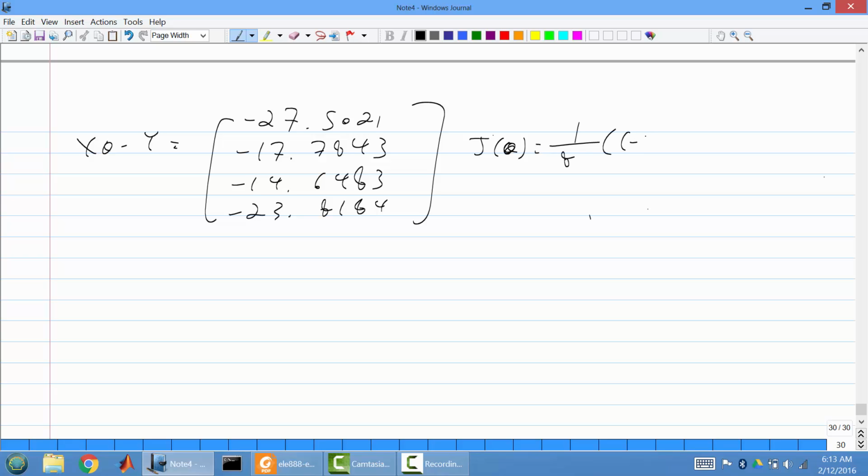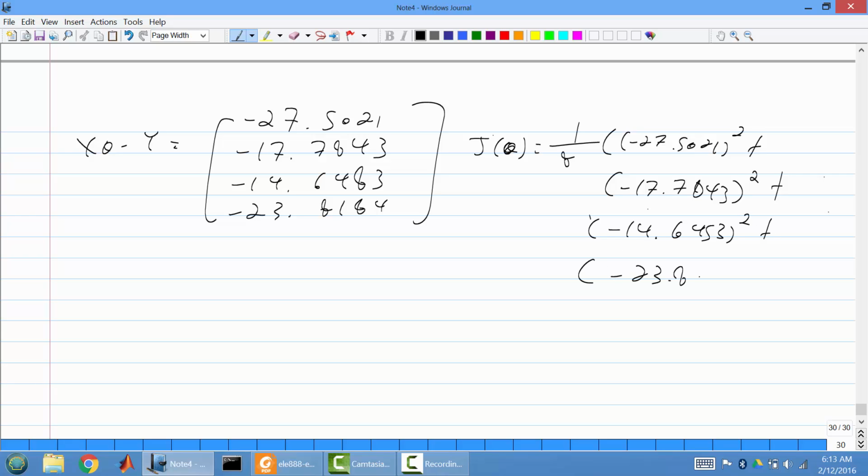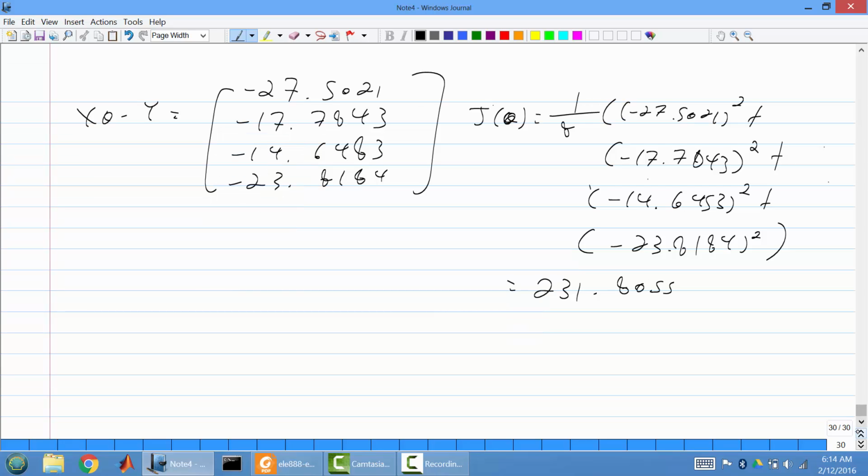So it's minus 27.5021 squared plus minus 17.7843 squared, plus minus 14.6453 squared, plus minus 23.8184 squared. When you add this all up, we get 231.8055. And that's pretty bad. Very high cost at the first get-go.